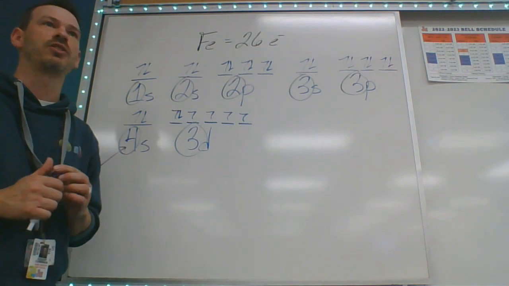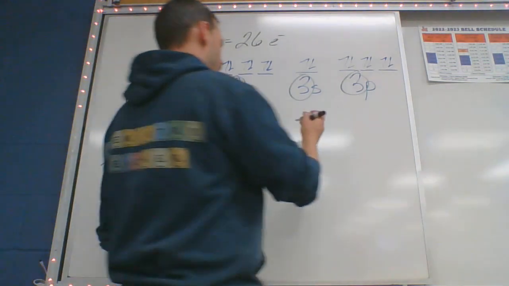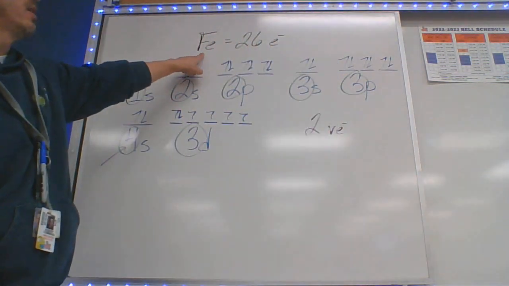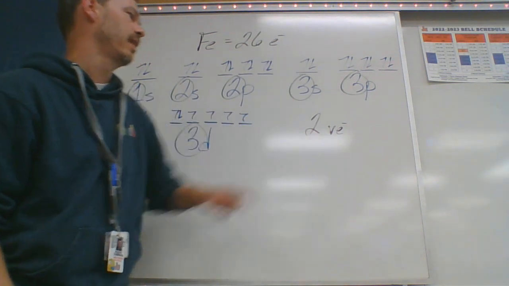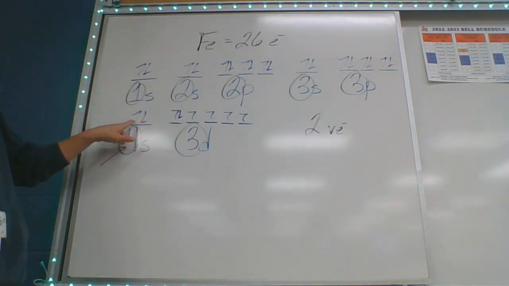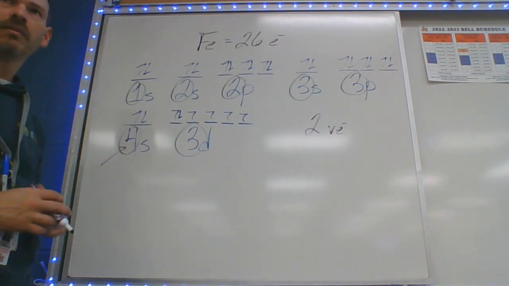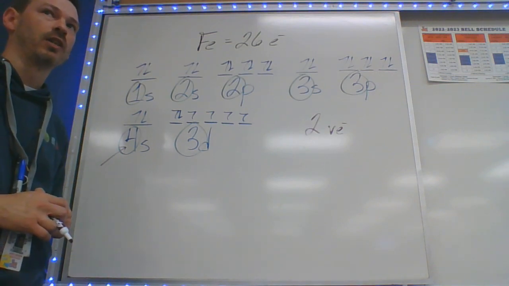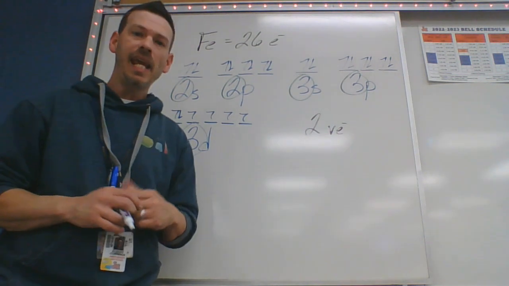How many valence electrons do you see? There's 2. Iron has 2 valence electrons. Those 2 arrows right there. What are all the other electrons called? Inner shell.